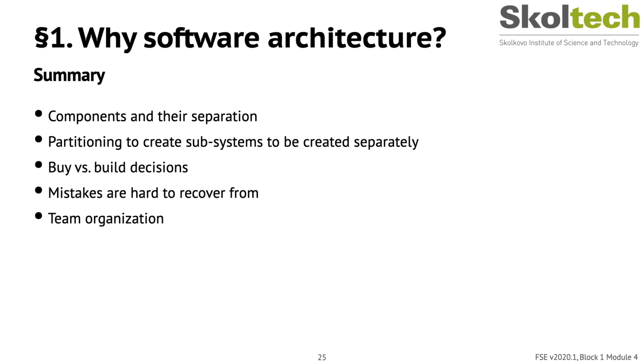In the meantime, mistakes made at the architectural design stages are difficult to recover from. And lastly, team organization and resource allocation, which has to do with funding and getting money to pay developers, is also being decided at the architectural stage.